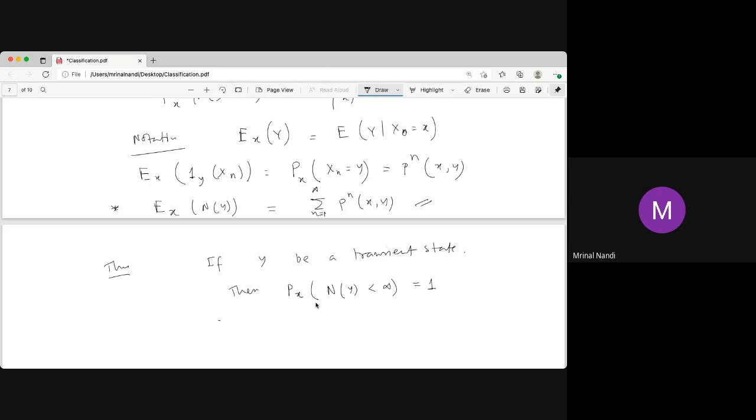But if y is recurrent, say an absorbing state, then it does not visit y a finite number of times; it visits infinitely many times. For n equal to 1, 2, 3, for all values of n it is at y. You start from y, and the first step it visits y, then 2 times, 3 times, so actually it visits y infinitely many times.